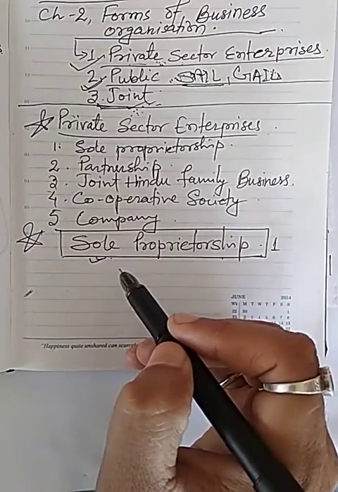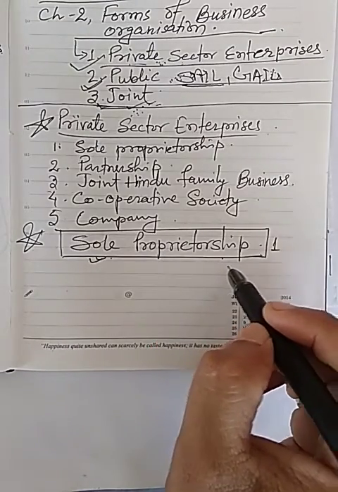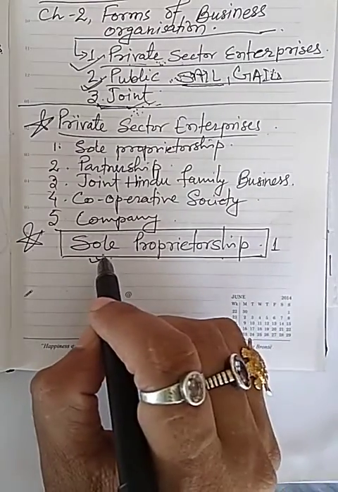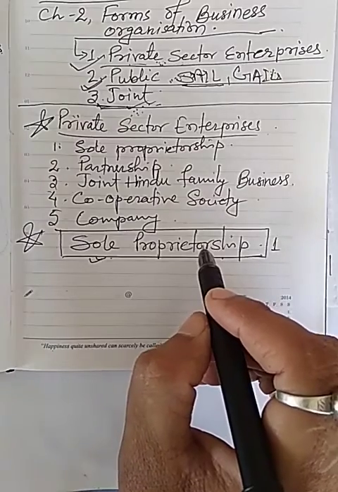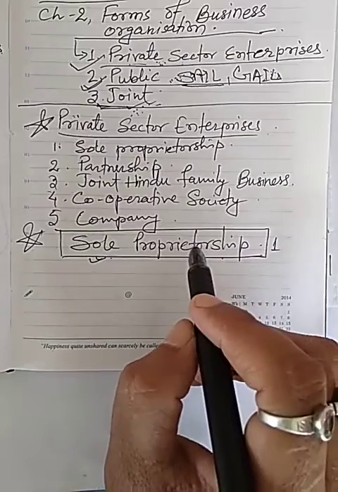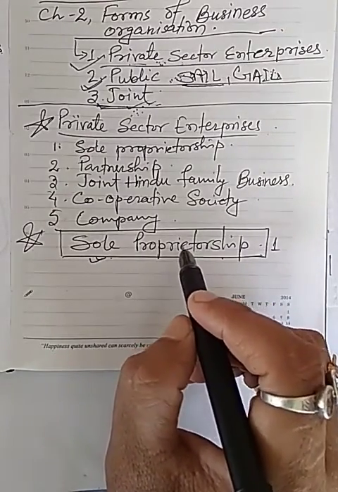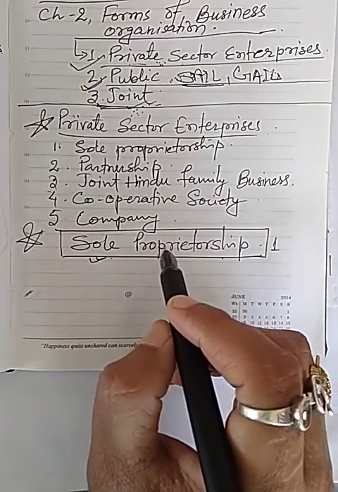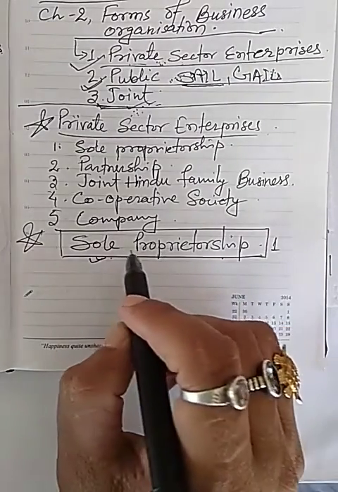Now, the sole proprietor is the supreme judge of all matters pertaining to his business, subject only to the general laws of the land and to such special legislation as may affect his particular line of business.